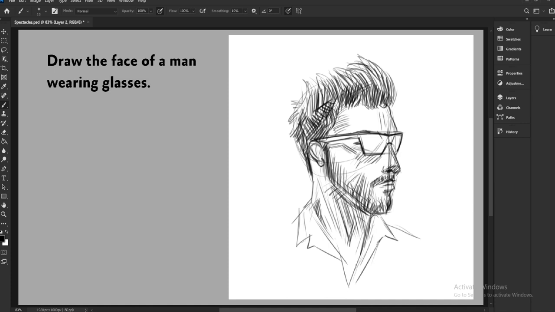after that you can go for the glasses. Okay, so suppose his eyes are somewhere here. Okay, it is the structure of the eyes.